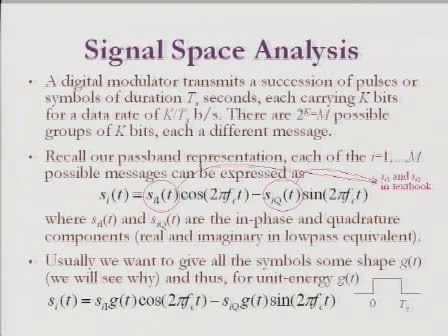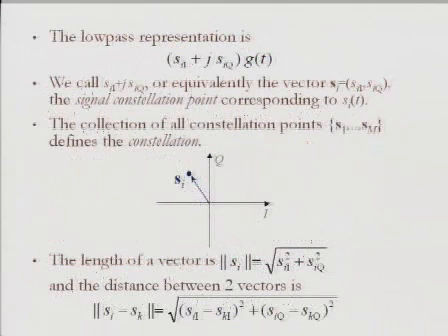And here we have another coefficient S_i quadrature times the same shape, g(t). So in the low-pass domain, the cosine and the sine become real and imaginary parts. So we have this complex number times the shape g(t).